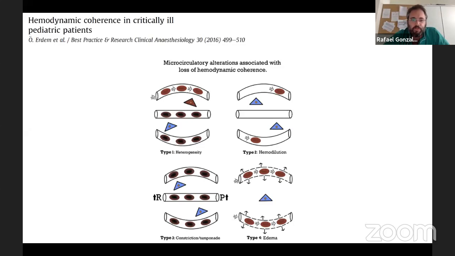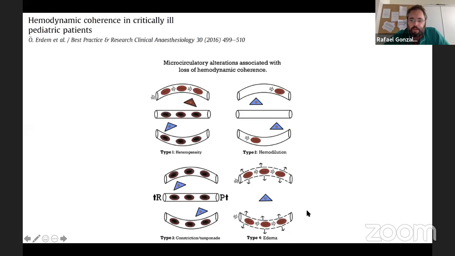The presence of heterogeneity, the presence of hemodilution, the presence of constriction due to pressure at the end of the capillary compartment on the venous side might result in an alteration of the microcirculation, and also the existence of edema.